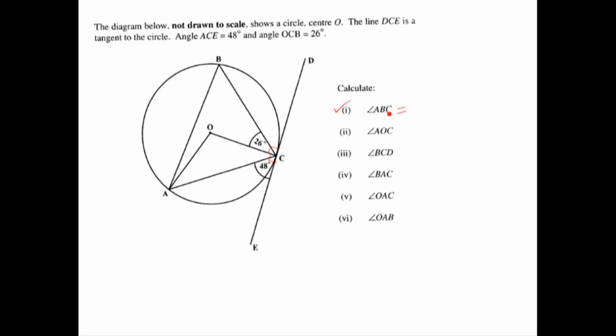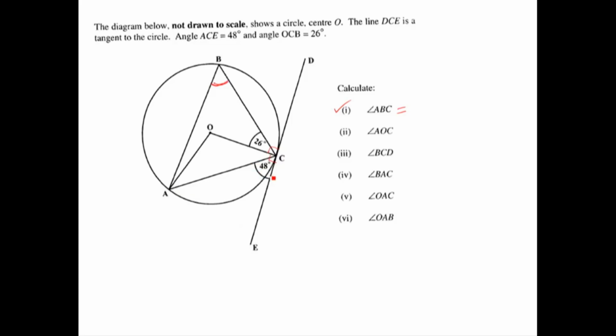So here's angle ABC, going from A to B to C. I guess they want us to find this one first, the angle at the circumference. Now how are we going to find that? The angle between the tangent and the chord AC is 48.